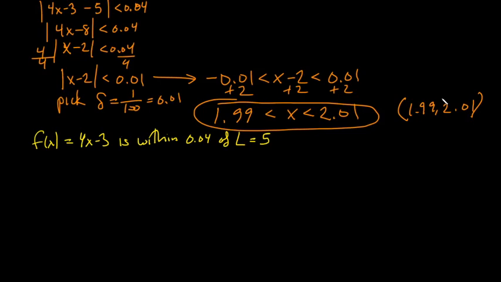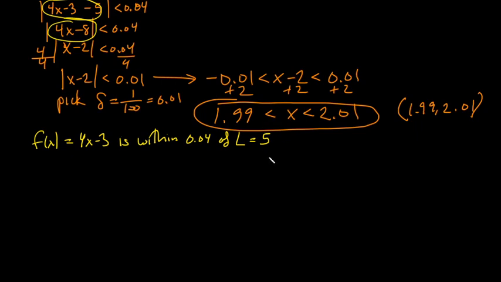Okay, so let's see if we can do that. One way we can do that is just think of our goal. We want this absolute value of 4x minus 8, or 4x minus 3 minus 5, to be in absolute value strictly less than 0.04.